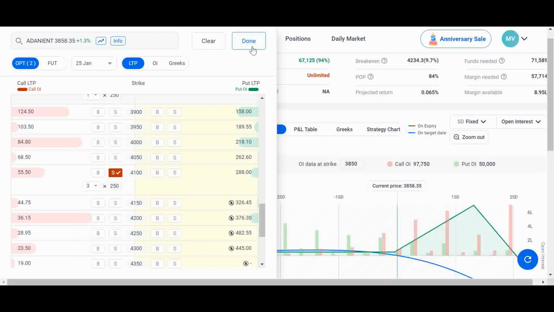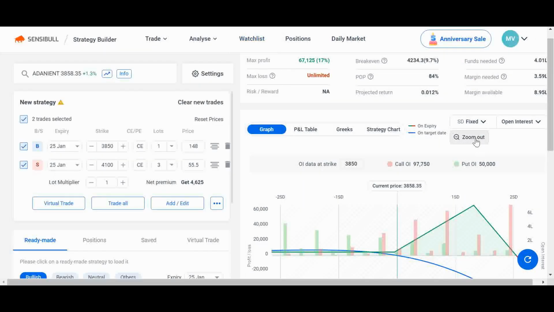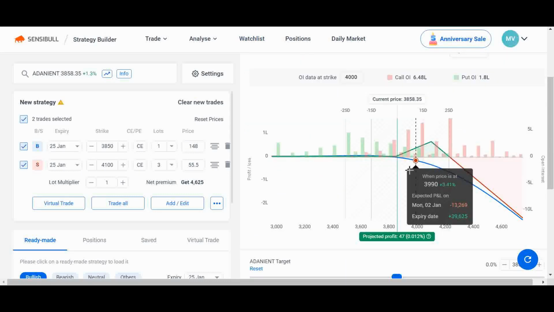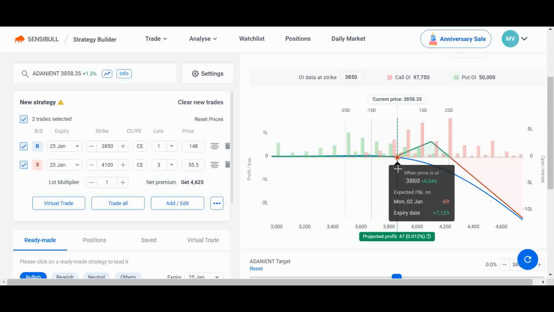If you do it like that, this is how your payoff chart will look. If tomorrow some bad news happens and the market cracks down again, you won't lose anything. That is how this strategy works. If you do a bull call spread, you will lose something, but here you won't lose anything.